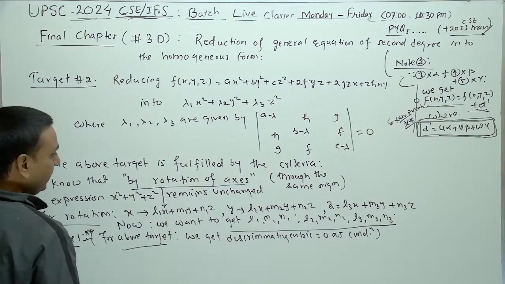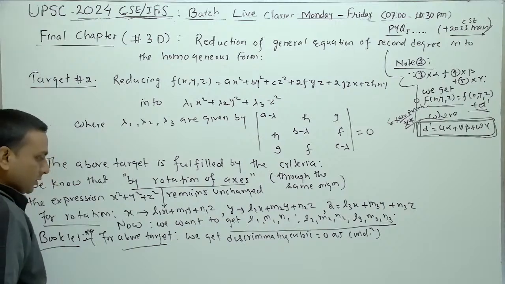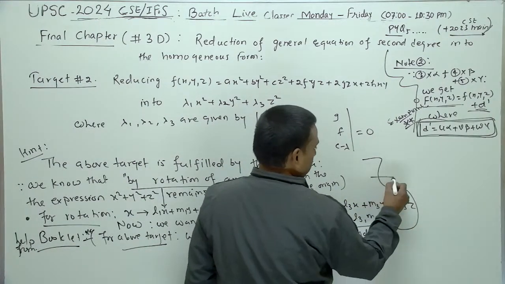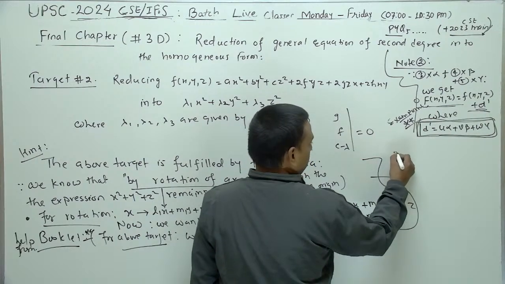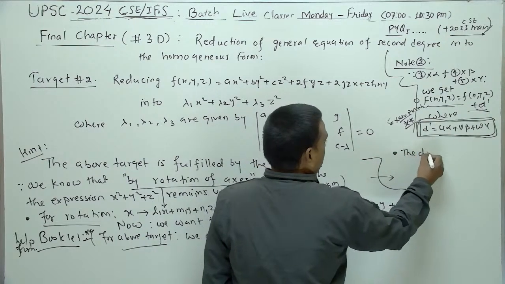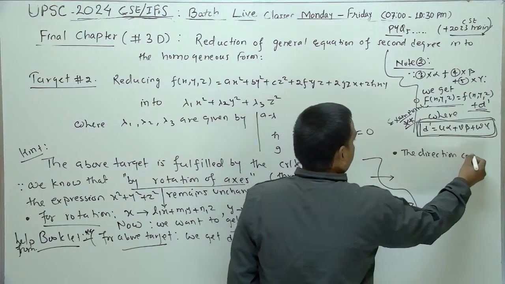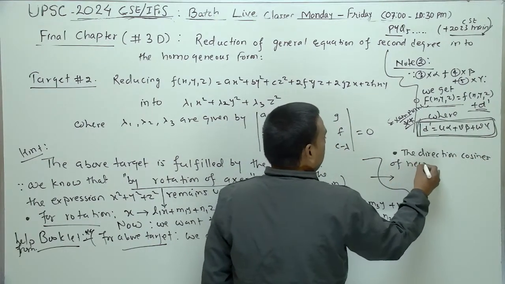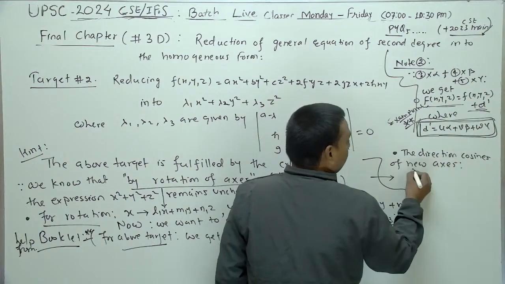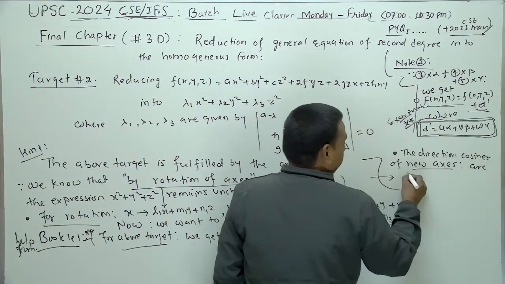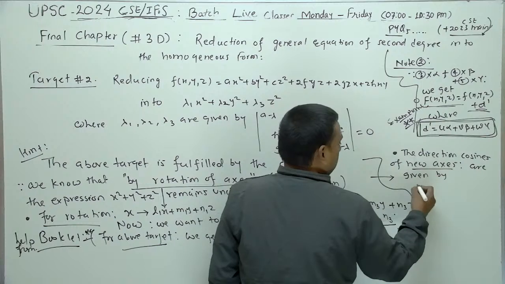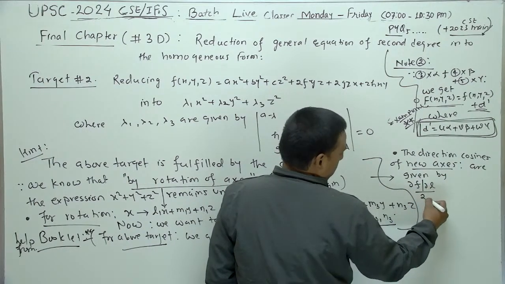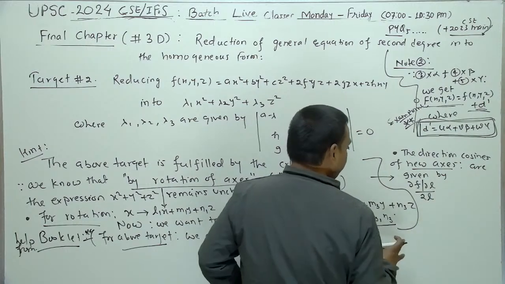So now here we need, beyond the word please, write like this: the direction cosines of new axis, because we have rotated, are given by del f over del l upon 2l.